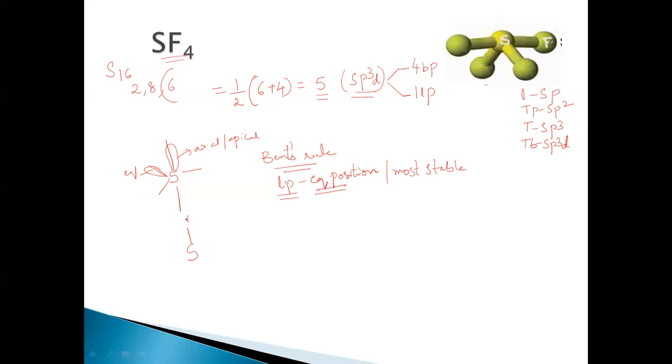So if it is placed at the equatorial position, let's write it. This is fluorine, these are axial, this is one and this is one. This is a lone pair, here in the equatorial position. We know that lone pair-bond pair repulsions are more than bond pair-bond pair repulsions.